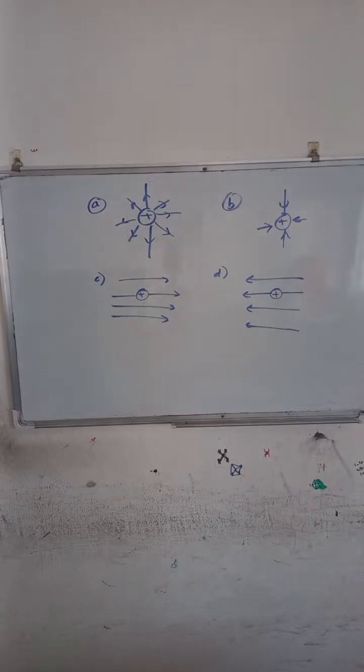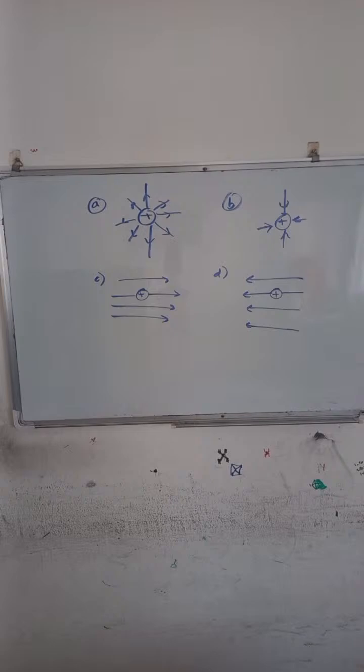Write down the question. The electric field near a conducting surface having uniform charge density is given by: first option, sigma by epsilon naught and is parallel to the surface.